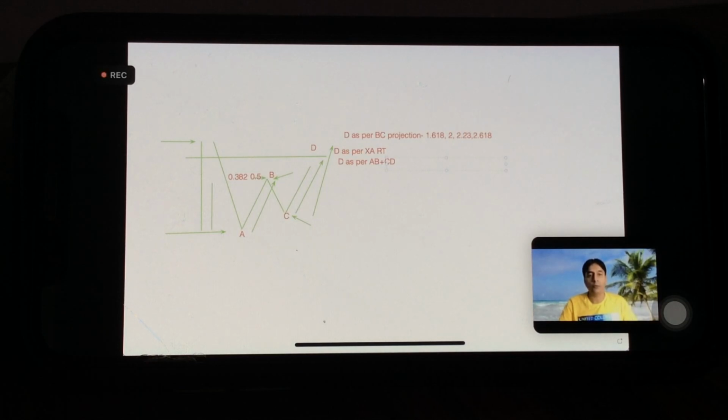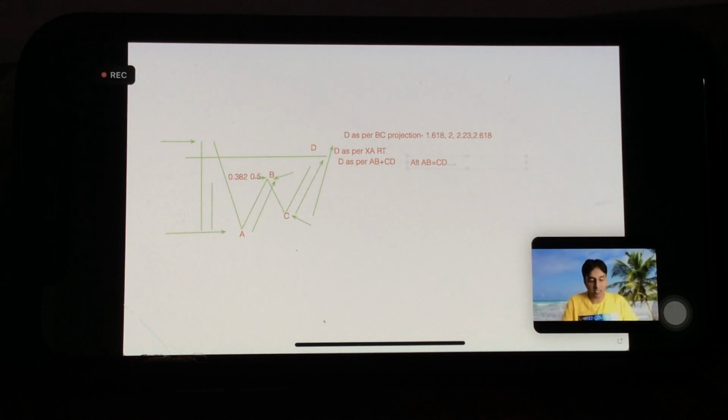But when it comes to bat pattern, usually it's alternate ABCD. AB equal to CD. Alternate AB equal to CD means there are two alterations possible, right?